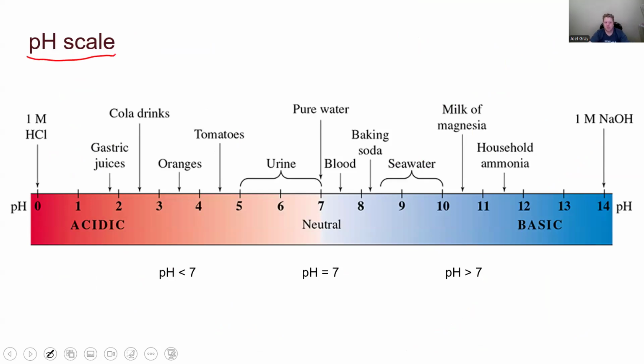And the cool thing about this, to me, is that if we look at this list, like gastric juices, okay, so everyone's got some solution in their gut. A soda has an acidic pH of about 2.5. That's pretty acidic.